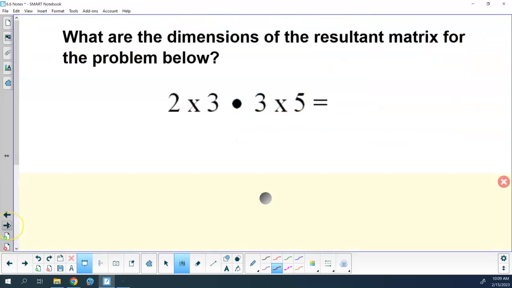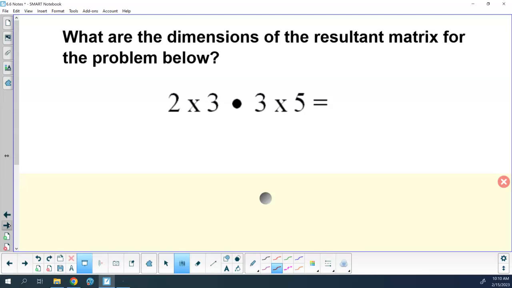All right. So let's look at these. If my left matrix in my multiplication problem was a 2 by 3 matrix, and my right matrix in that multiplication problem was a 3 by 5 matrix, can I multiply them together? Why?